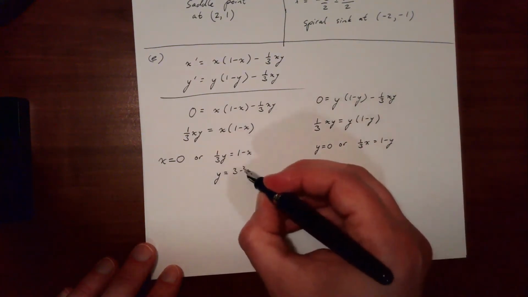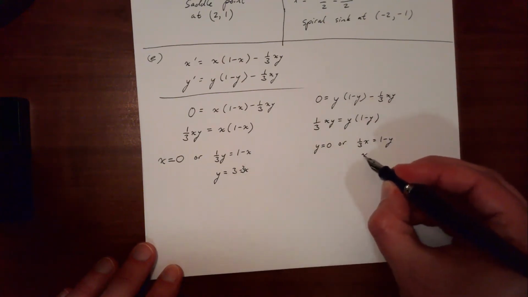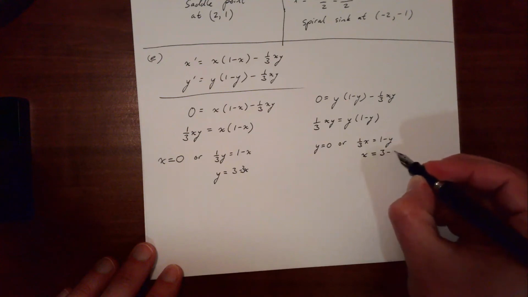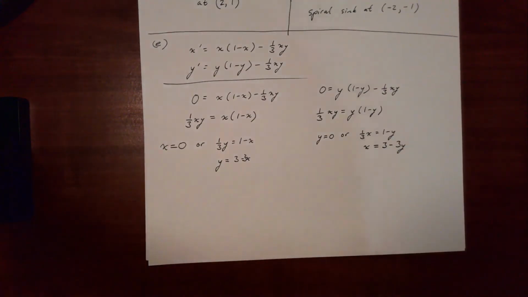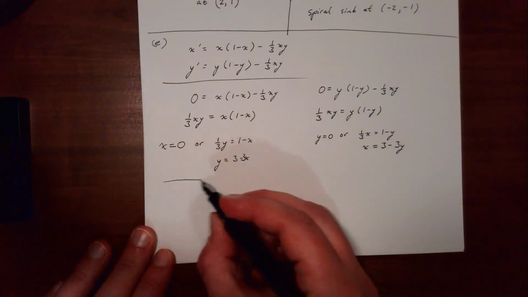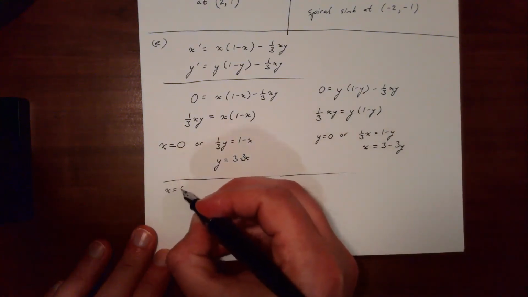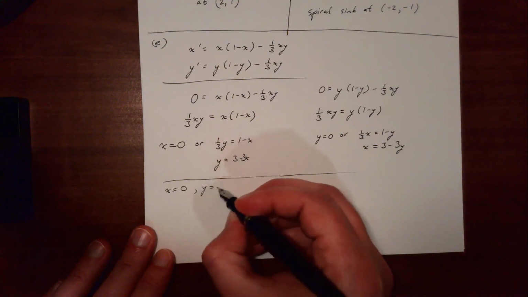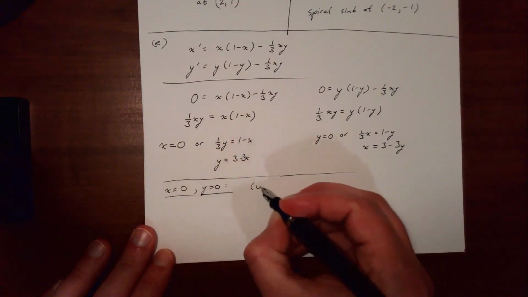Oops, 3 minus 3x, and here just to get these fractions out of our way, let's just go ahead and put that in there. Okay, so then let's put these into combination. X equals 0, y equals 0. 0, 0.